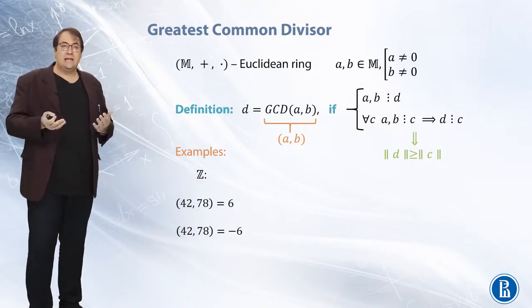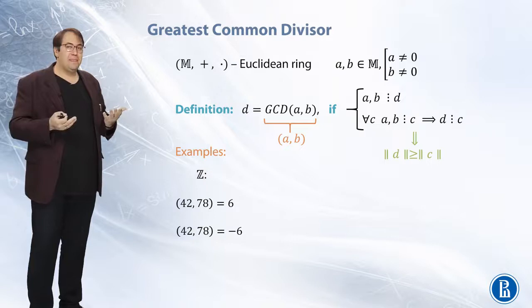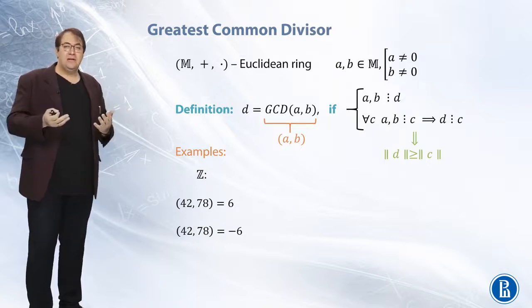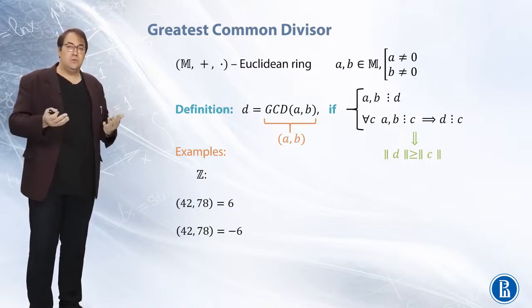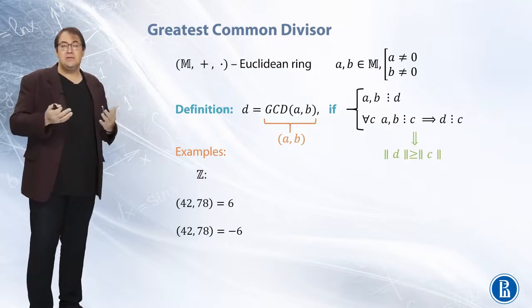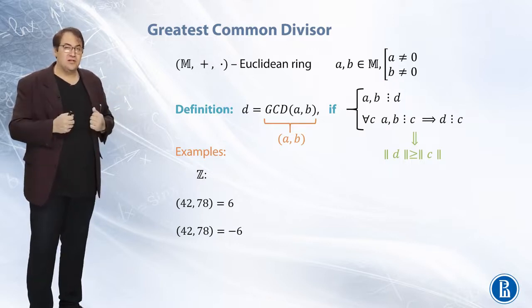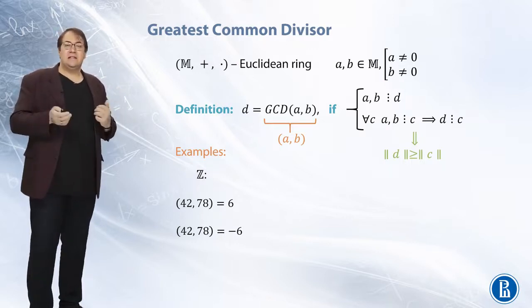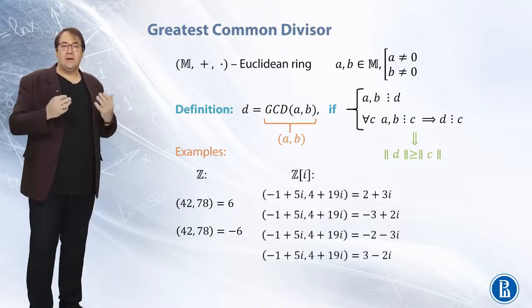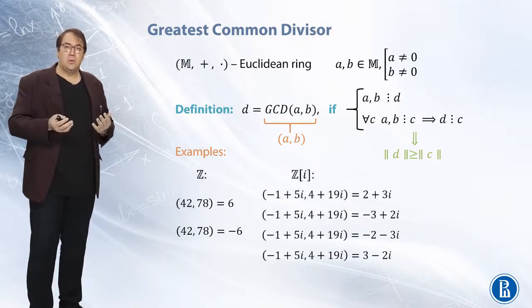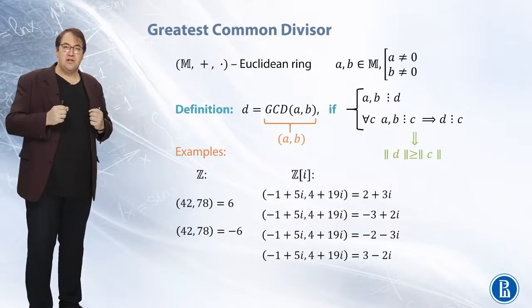So we see that in the ring of integers, any pair of integers seems to have two greatest common divisors. Let's consider the set of complex integers. We see a more interesting picture there.